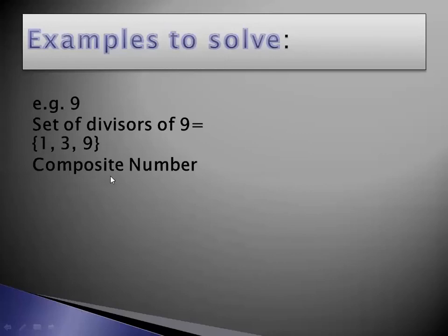So it is a composite number. Now tell me about 22. 22 can be divided by how many numbers? Tell me about 22. Hurry up, class. Okay, 1, 11 and 22.